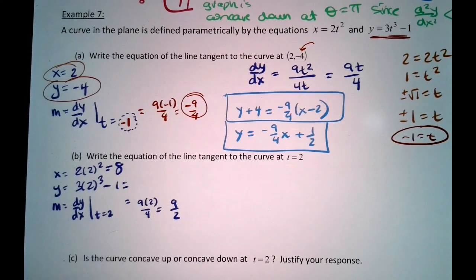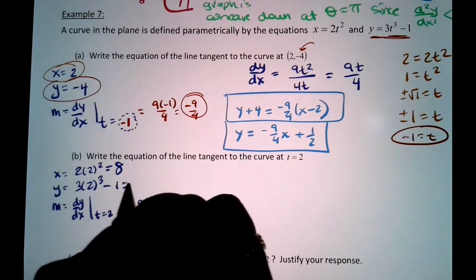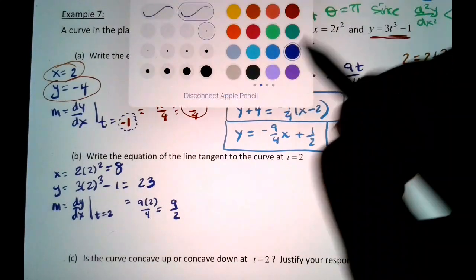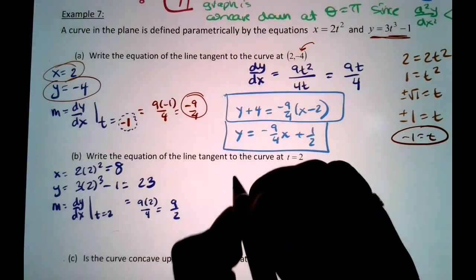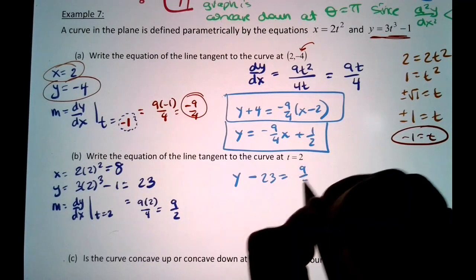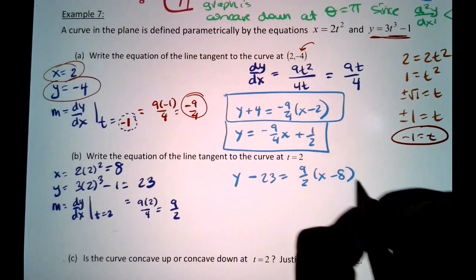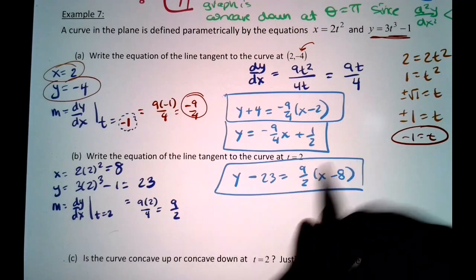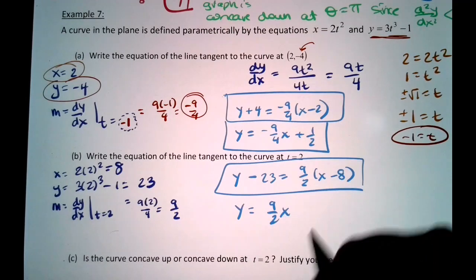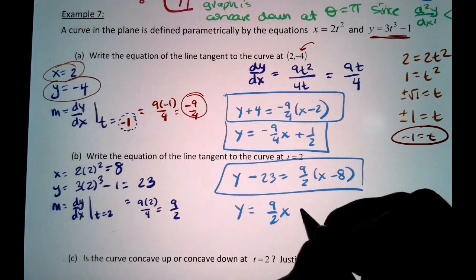That gives me 3 times 8, which is 24 minus 1, 23. So cool, I can write the equation of the tangent line here. I've got y minus 23 equals 9 halves times x minus 8. That's point-slope form of a line. Sometimes you may need to convert it to slope-intercept form, and here's what I would end up with.